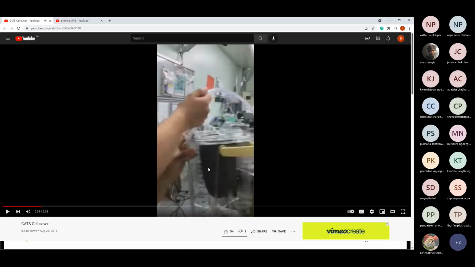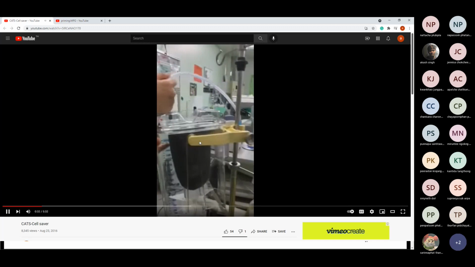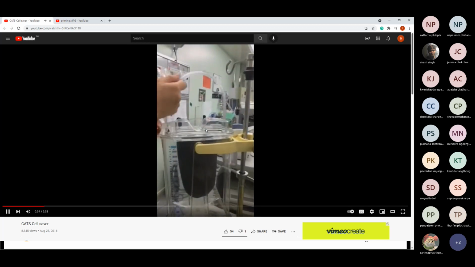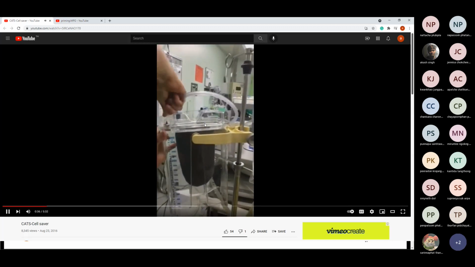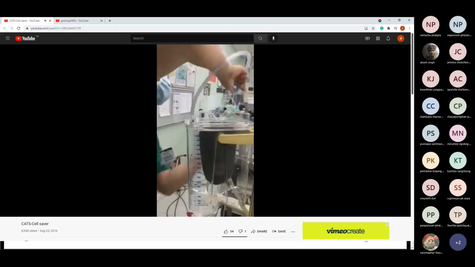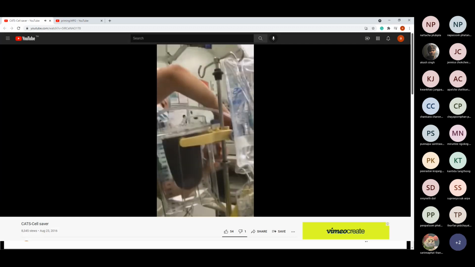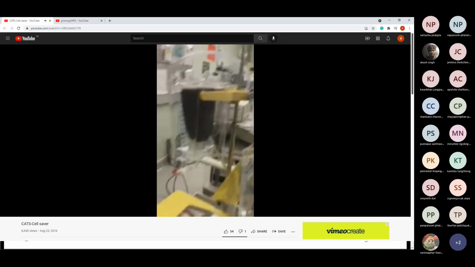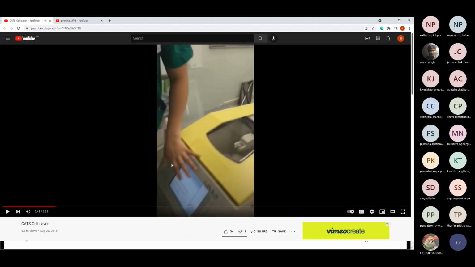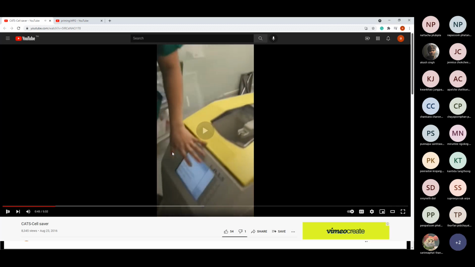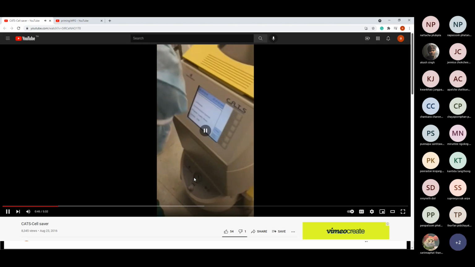Inside the reservoir, you can see the filter, the black color here. Here is the vacuum line. There is a vacuum machine inside the main machine here. So next is the panel.